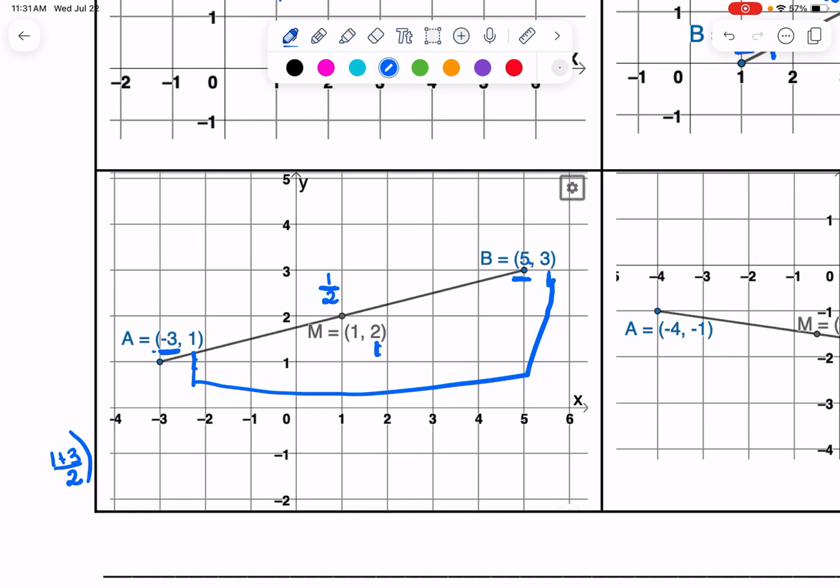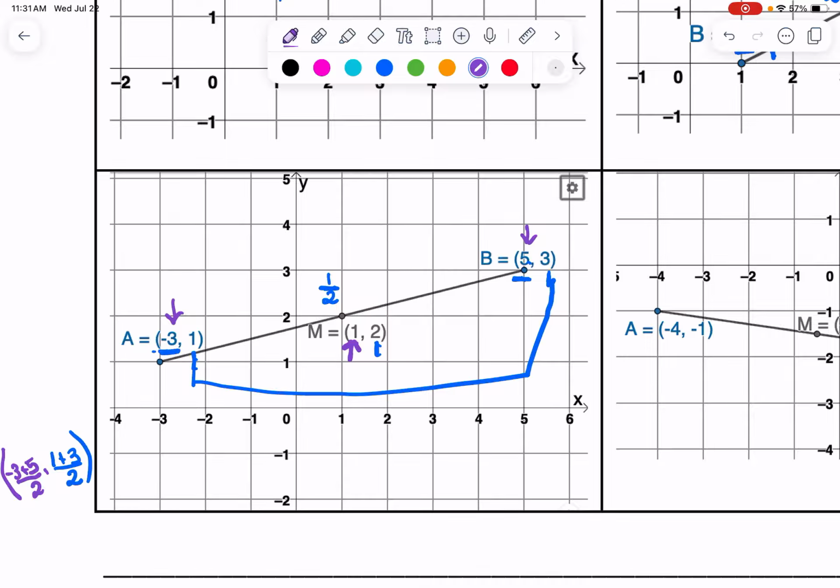And what could we do with the -3 and the 5? If I took -3 and 5 and added them up, it's like saying 5 minus 3, and 5 minus 3 is 2. If I take that 2 and divide it by 2, I do get my 1.